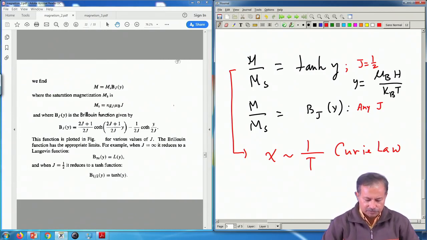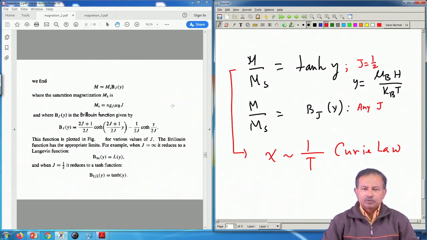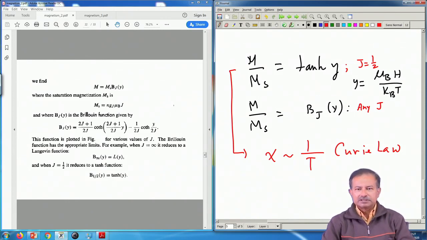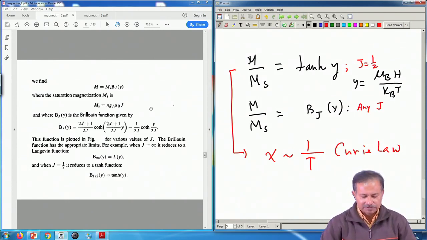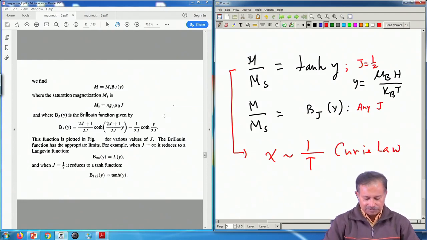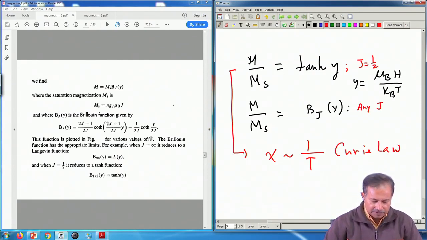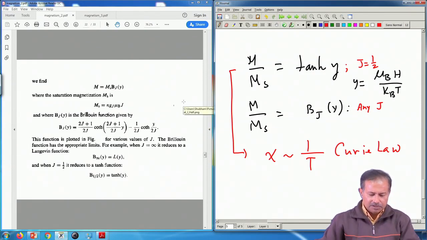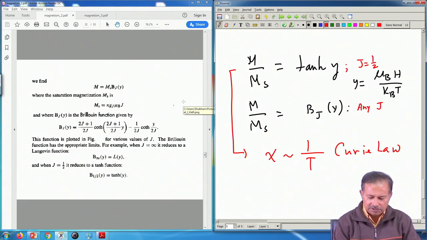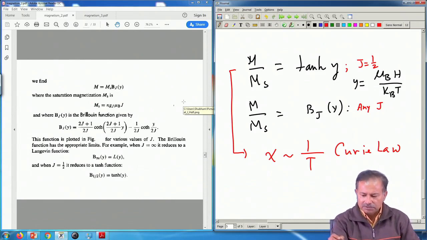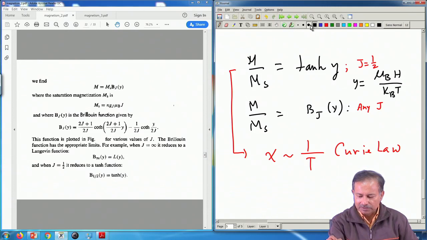Of course, moment and spin are just used interchangeably. So, I often say spin, but I should stick to moment. But anyway, if I say spin, I mean moment. The thing is that the Brillouin function, as I wrote down, is a fairly complicated looking function.